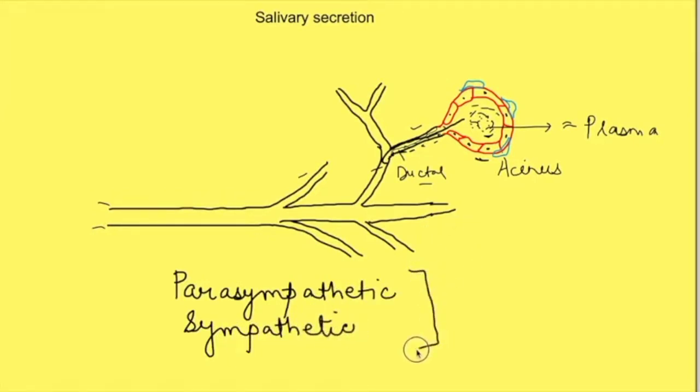They are the best friends in there. Parasympathetic stimulation also stimulates salivary secretion and sympathetic stimulation also stimulates salivary secretion. However, the composition of saliva differs a bit. Parasympathetic mostly causes an increase in watery secretion, and sympathetic stimulation causes an increase in mucin and enzymatic secretion.